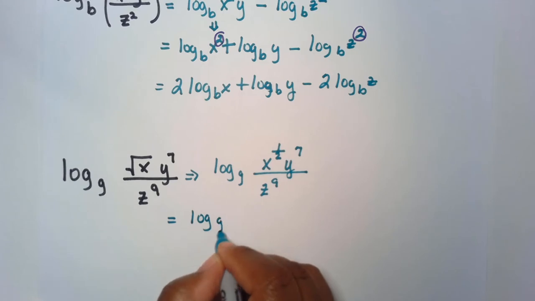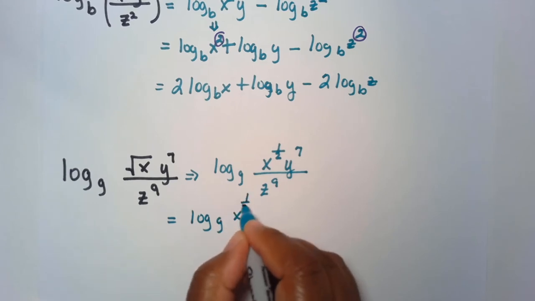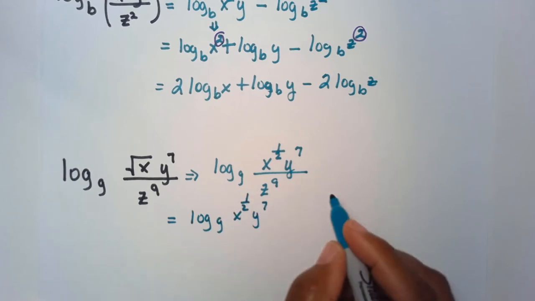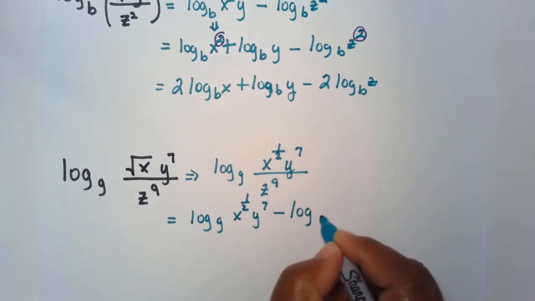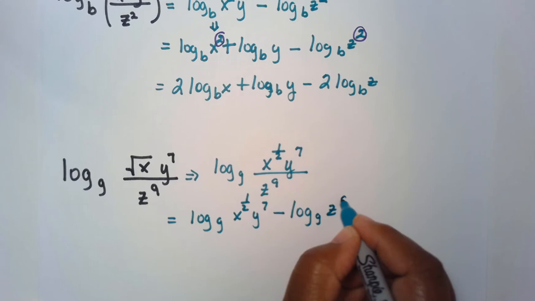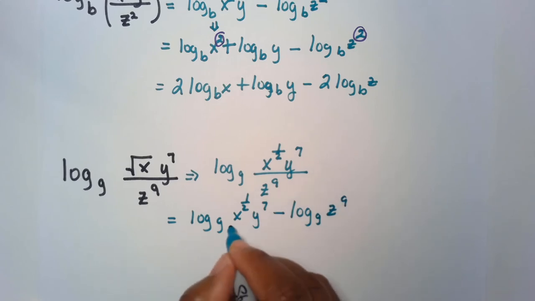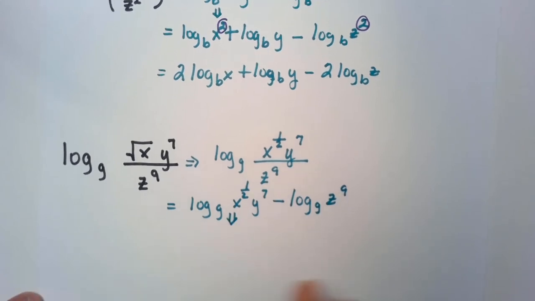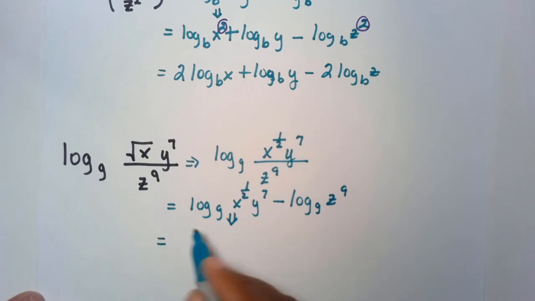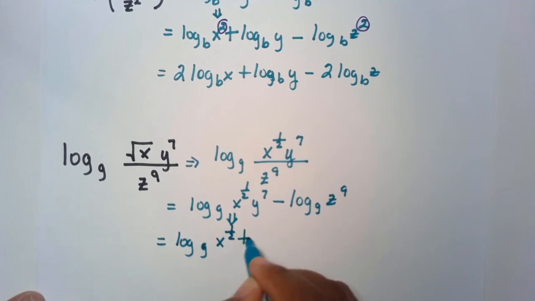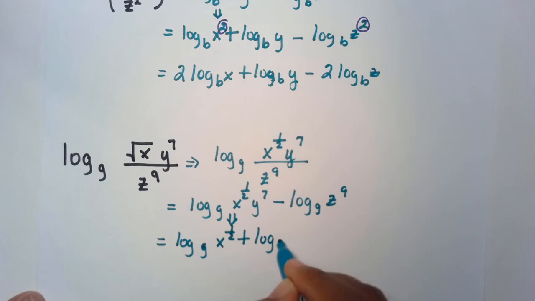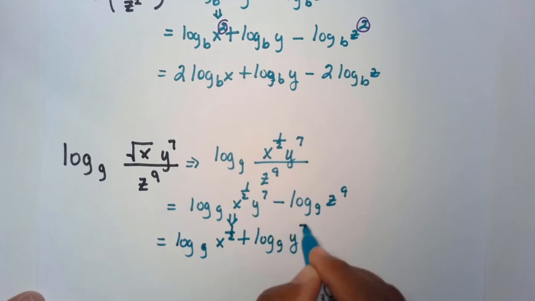Log base g of x to the 1/2 y to the 7th minus log base g of z to the 9th. Then for the first log, we're going to use the product rule where we add the logs. So we have log base g of x to the 1/2 plus log base g of y to the 7th.